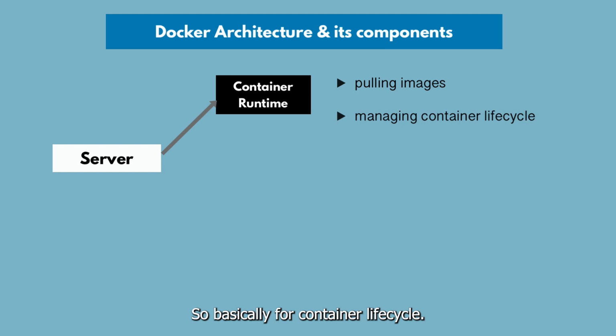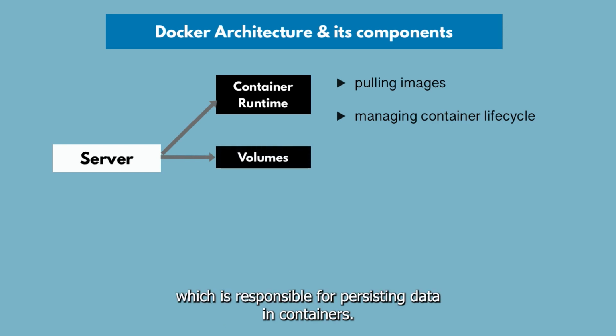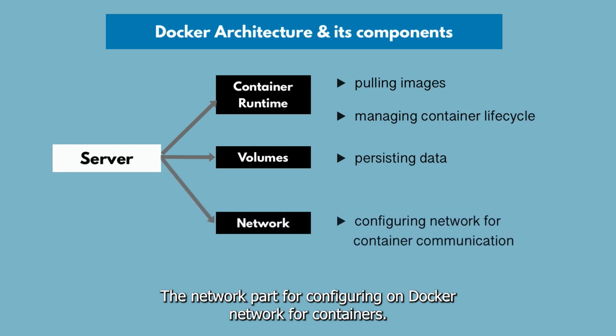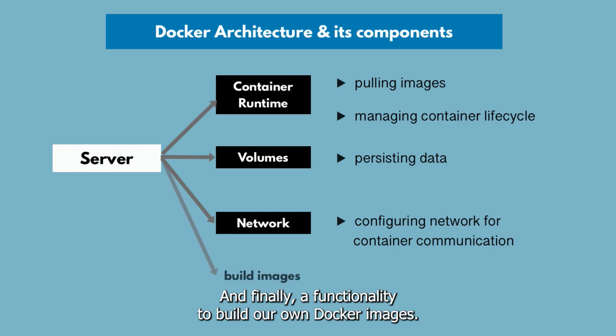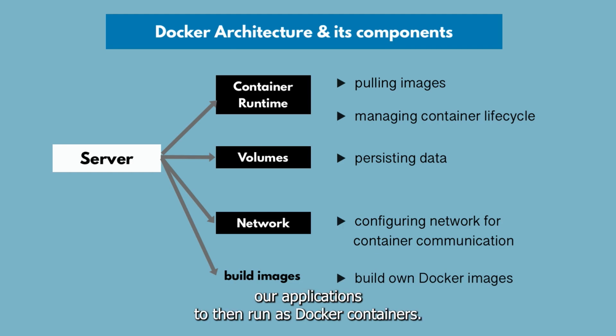So basically for container lifecycle. Then we have volumes functionality, which is responsible for persisting data in containers. The network part for configuring Docker network for containers. And finally, a functionality to build our own Docker images. These are the actual artifacts that we can create from our applications to then run as Docker containers.